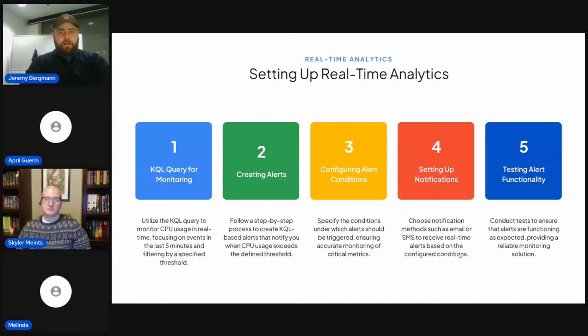Okay. So we're near the end here of the lecture. This is what a process would look like for setting up real-time analytics. You'd use a KQL query for monitoring the data. The example here is monitoring a system for CPU usage in real time, focusing on the last 5 minutes.